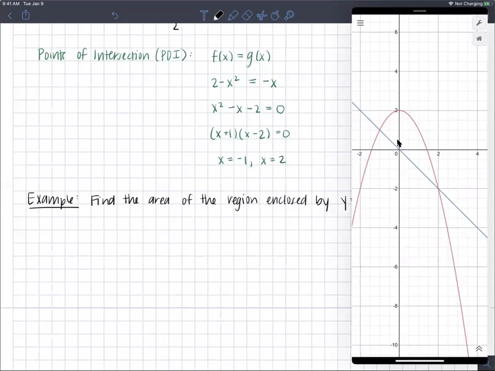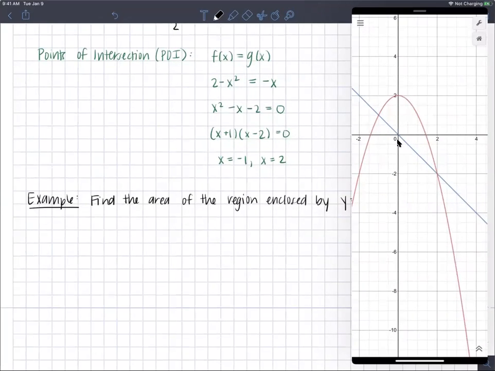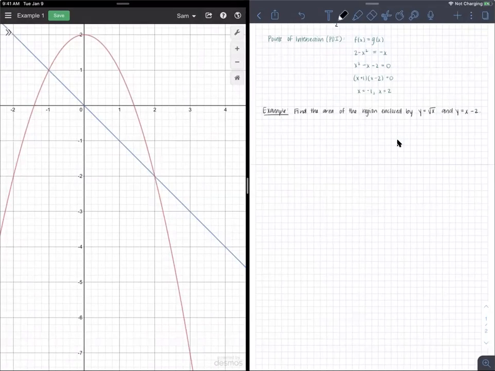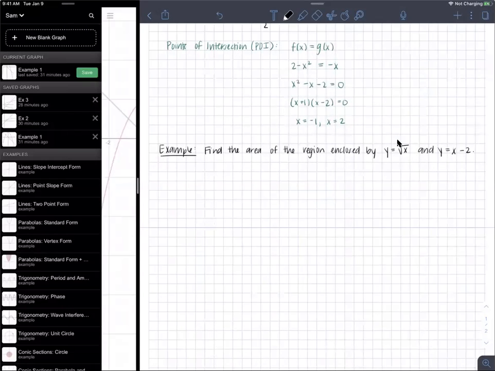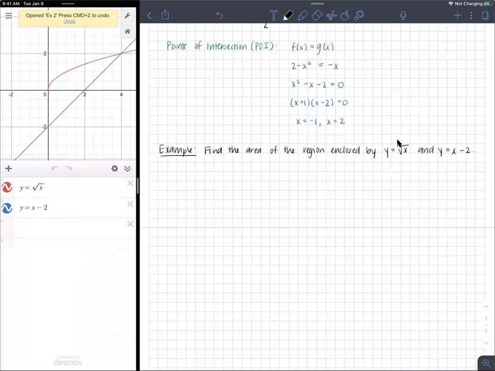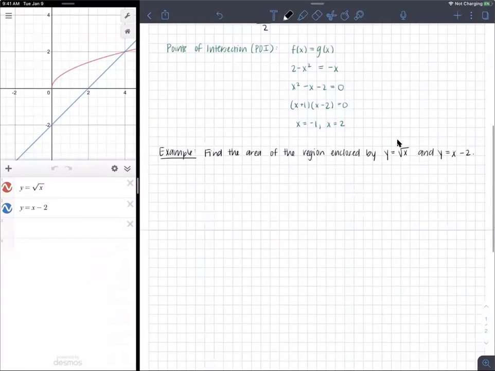This is the first example still. Okay, so let me bring up example 2. All right, so yeah, here it is. So the region enclosed by y equals square root of x and y equals x minus 2. And I forgot to write part of this, and the x-axis.